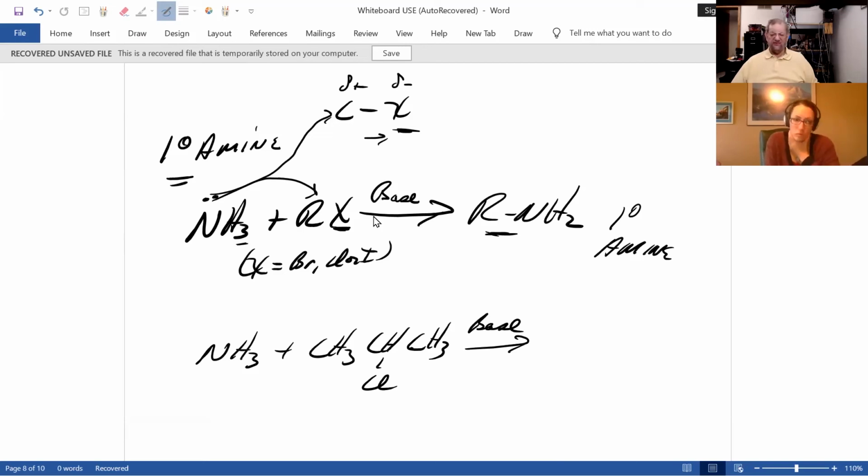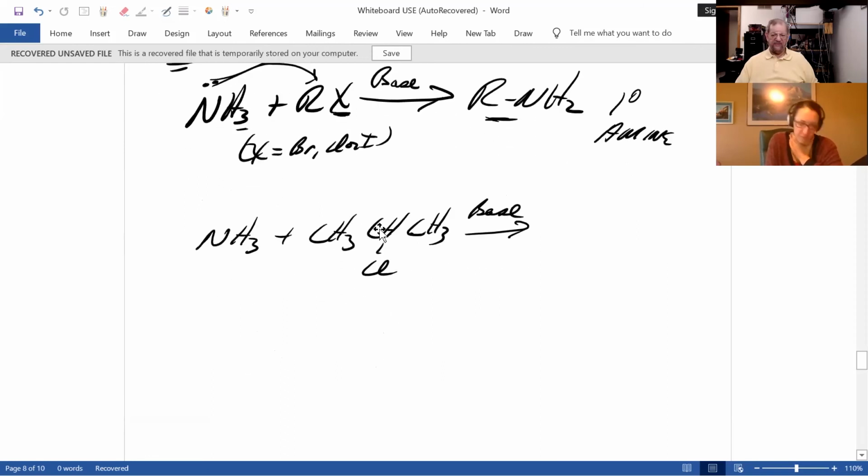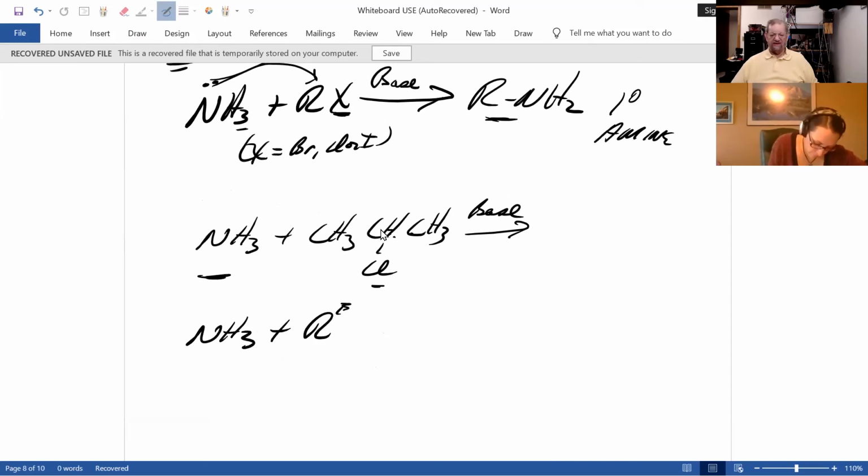Now, if we look at this, what do we have? Ammonia, what's different? You still do that. Ooh, carbon with a halogen. This is ammonia plus an alkyl halide with some base. And what you get is a primary amine.